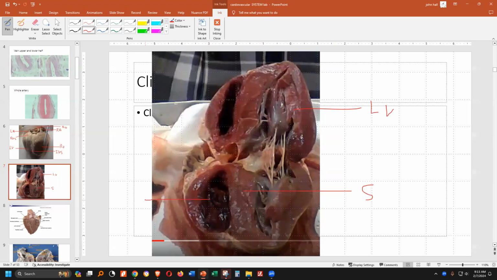And of course, that's the right ventricle. This is the right atrium. You can see it there. And this is the left atrium peeking out to the side. So far, so good. Remember, the tip of the heart is called the apex.